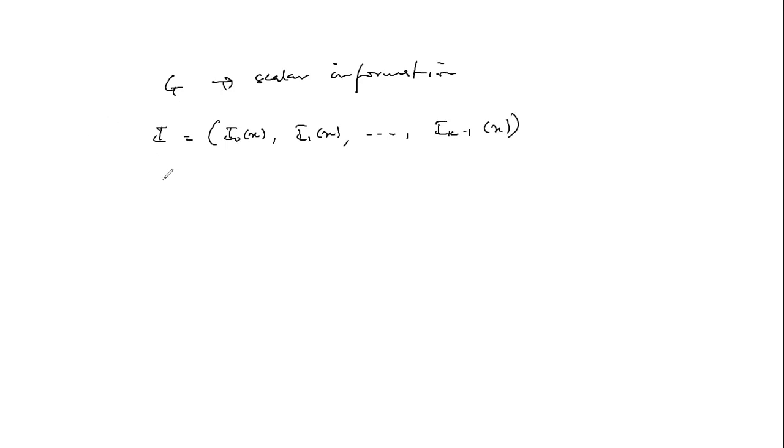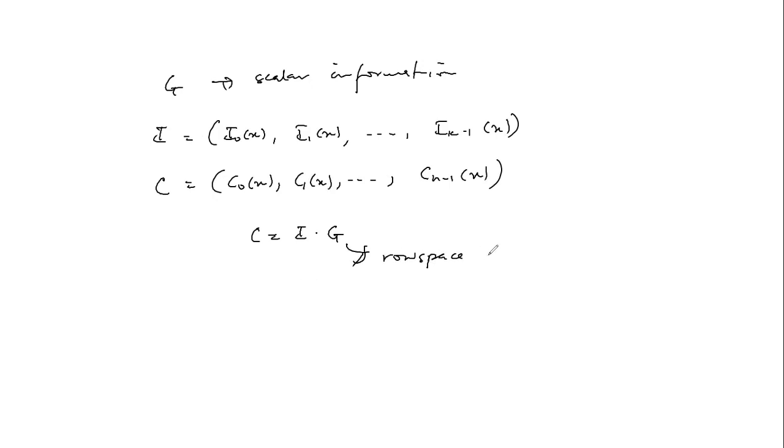And then the code word C, which is an n-tuple of polynomials given as C naught of x, C sub 1 of x, all the way to C sub n minus 1 of x, therefore gives us the product of the information polynomial and the generator polynomial, where the dot here is the vector matrix multiplication. And note that the code is the row space of G.